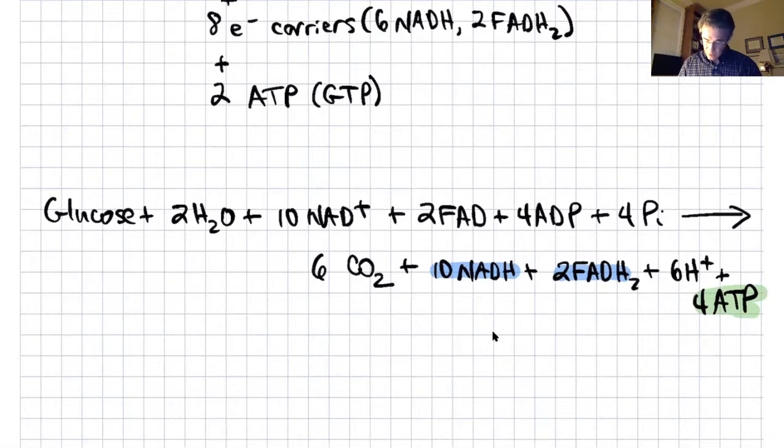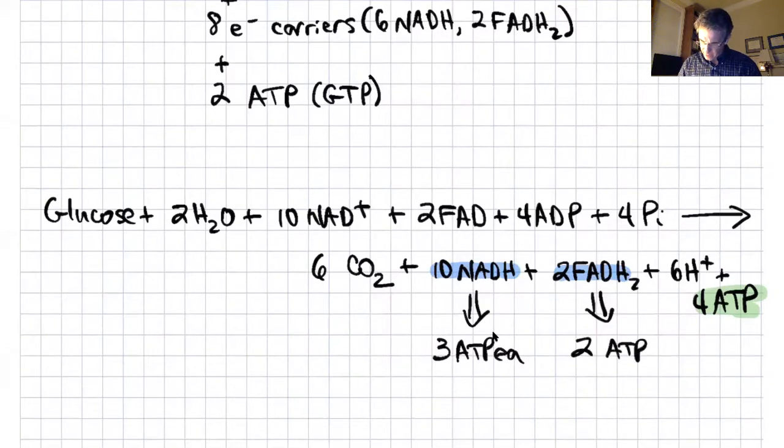Specifically, each of those NADH molecules is worth 3 ATP, and each of those FADH2 molecules is worth 2 ATP each.